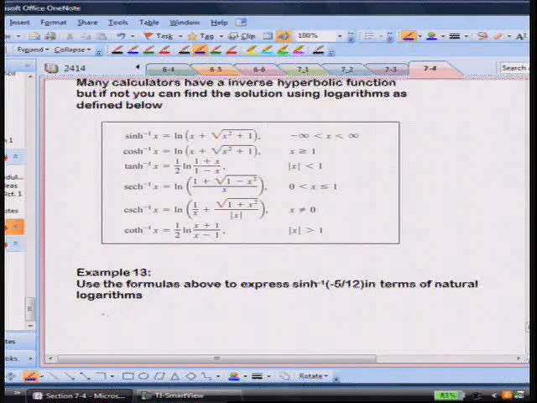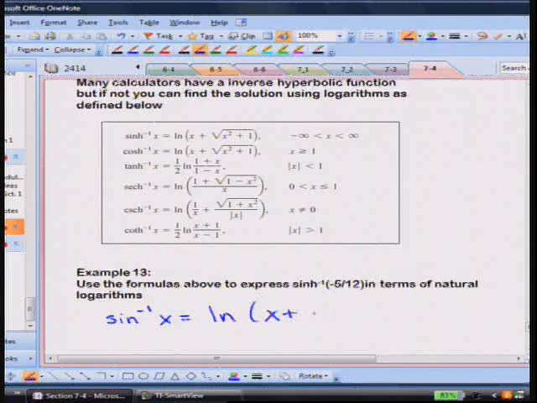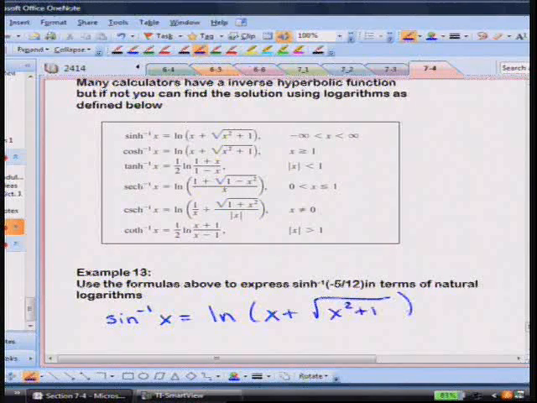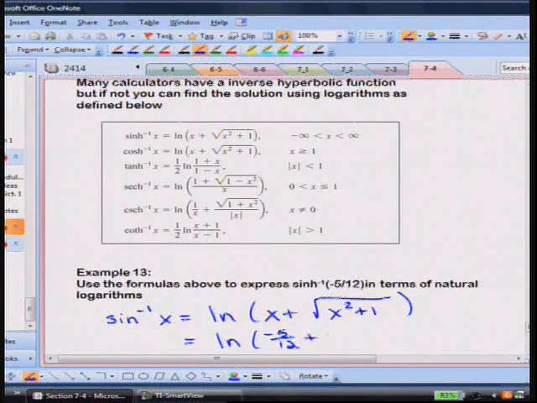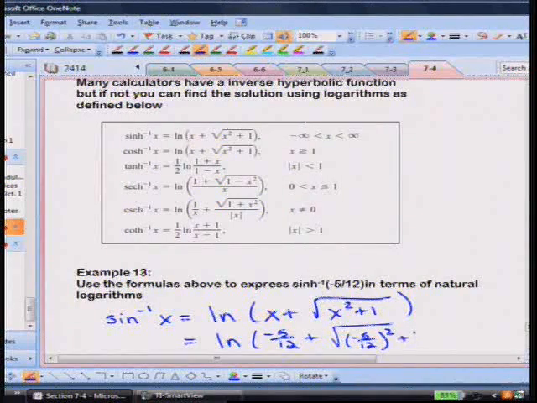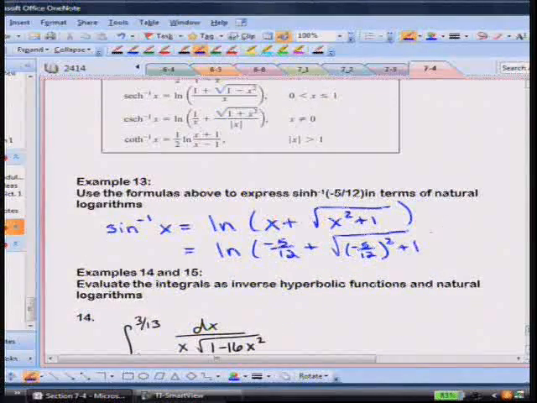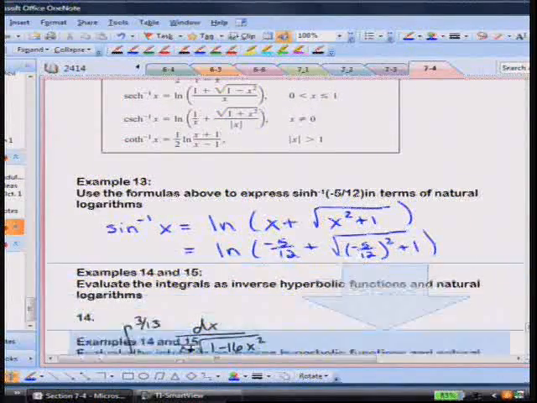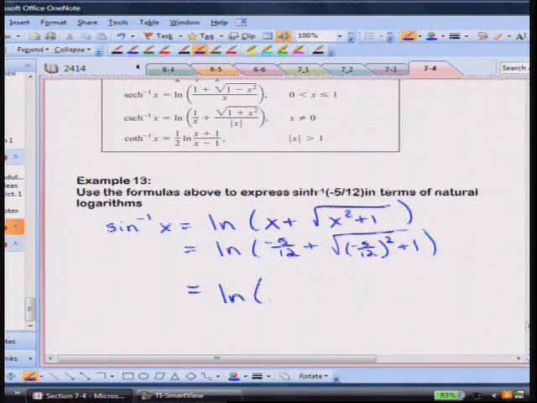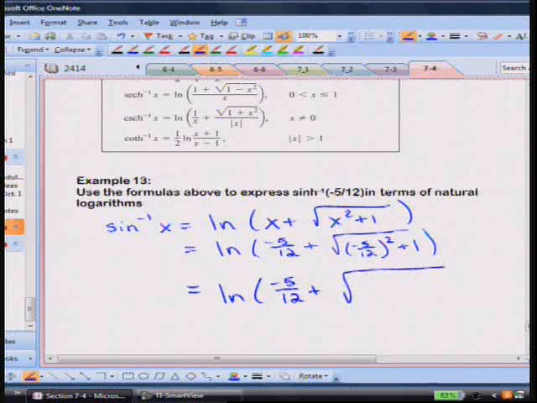You're going to look at that formula, and you'll see that the inverse sinh of x is equal to the ln of x plus the square root of x squared plus 1. So it's the ln of negative 5/12 plus the square root of negative 5/12 squared plus 1, which is equal to the ln of negative 5/12 plus the square root of 25 over 144 plus 144 over 144.